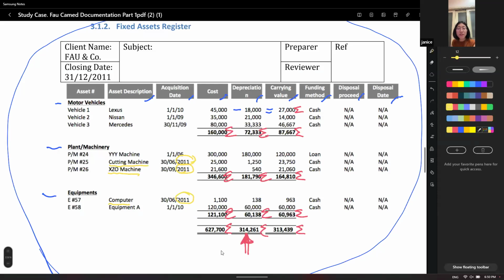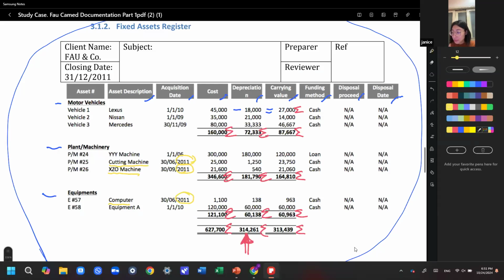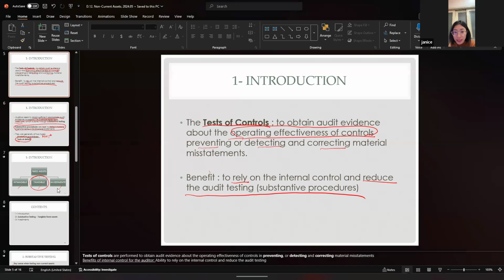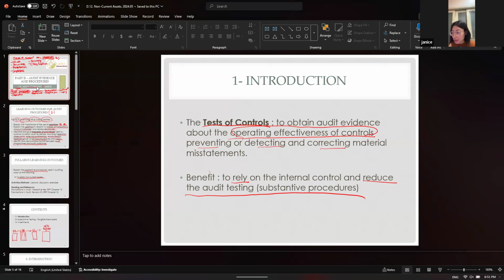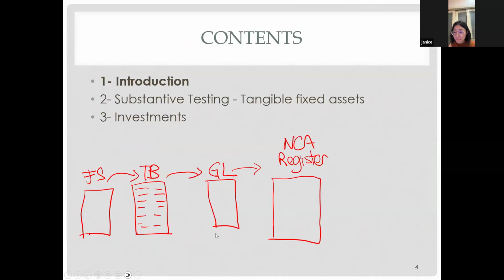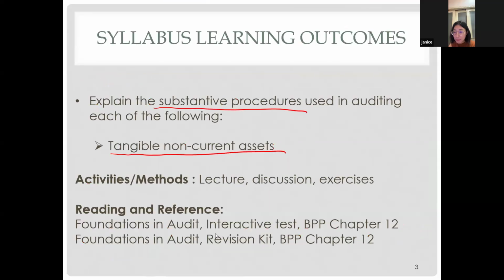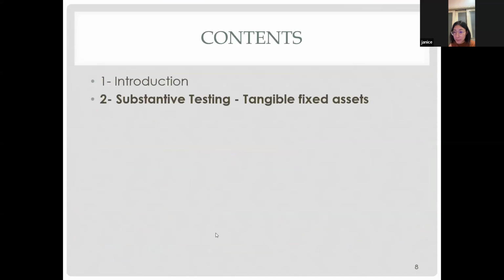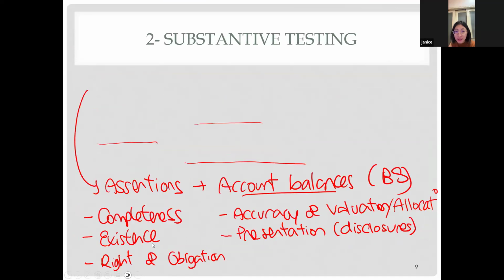Existence means we want to verify that the asset exists. It's not fake. They're not lying. There's really an asset there, right? So what's the best way to do that? If we come back to this, here we want to check for existence.